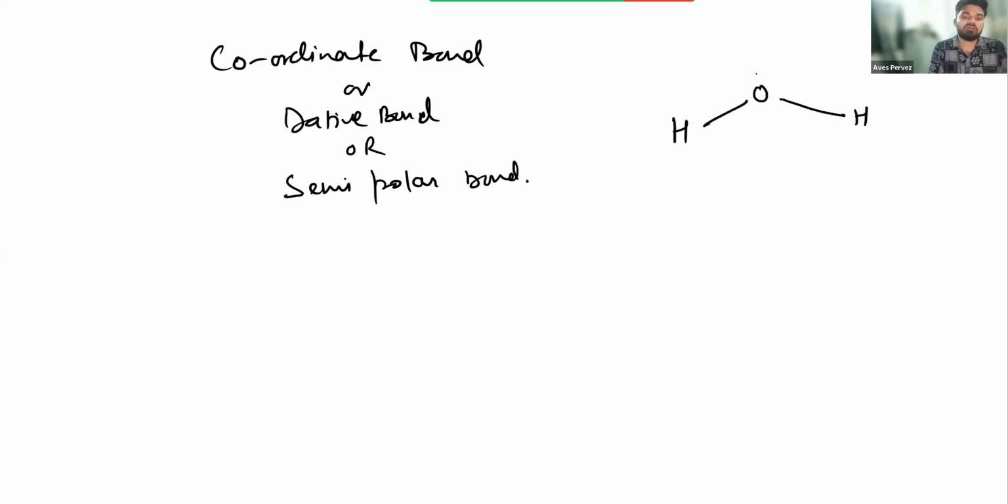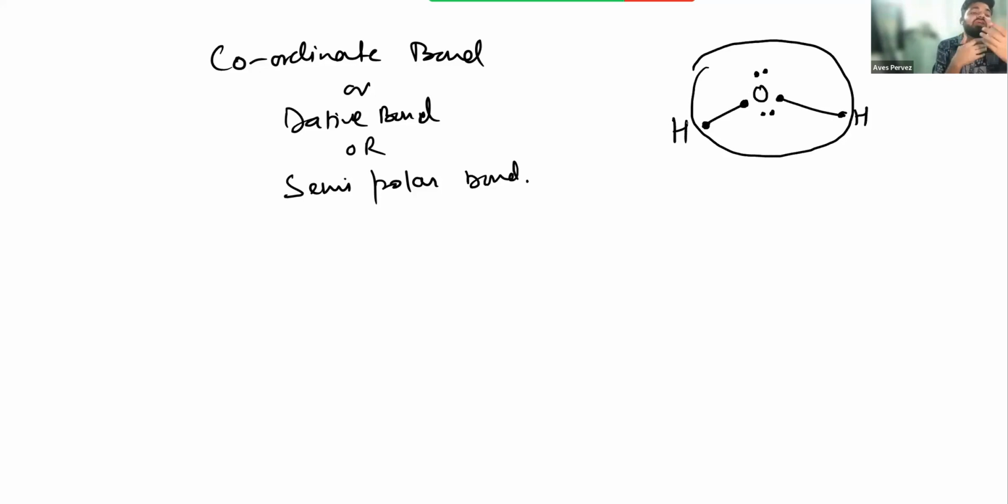Here, one electron of oxygen and one electron of hydrogen are participating. This is the hydrogen electron, this is an oxygen electron. They have made a single bond here, and the oxygen completes its octet this way, since oxygen cannot accommodate more than 8 electrons in its outermost shell.